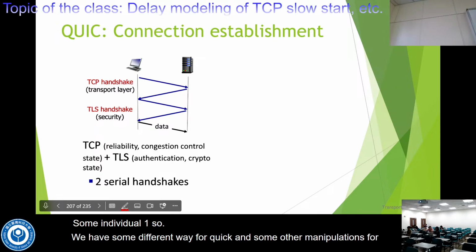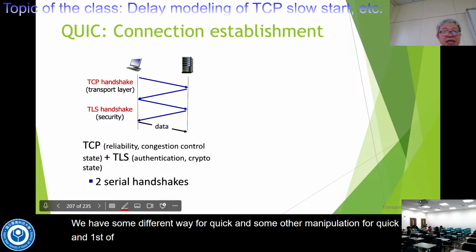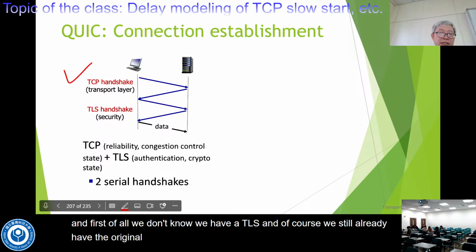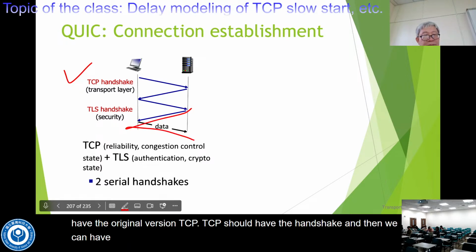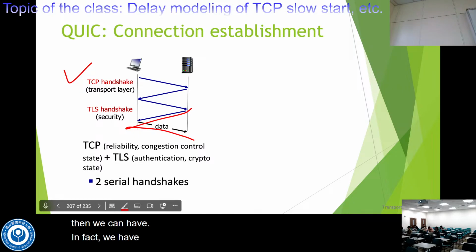First of all, we have TLS. And of course, we still have the original version, TCP. TCP should have the handshake, and then we have TCP to establish the connection.